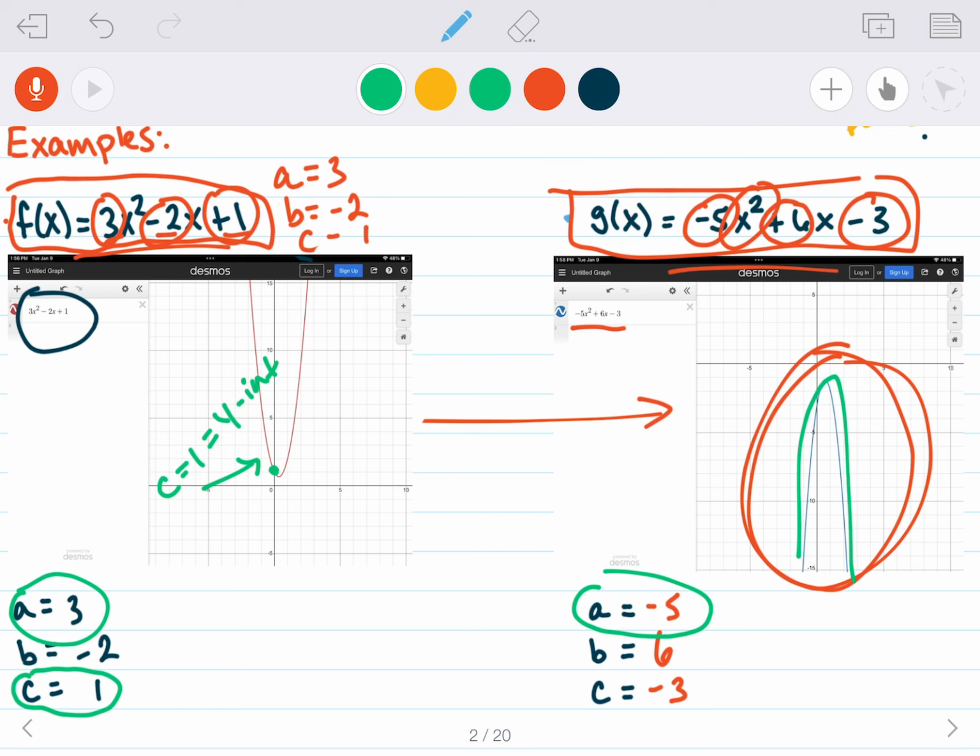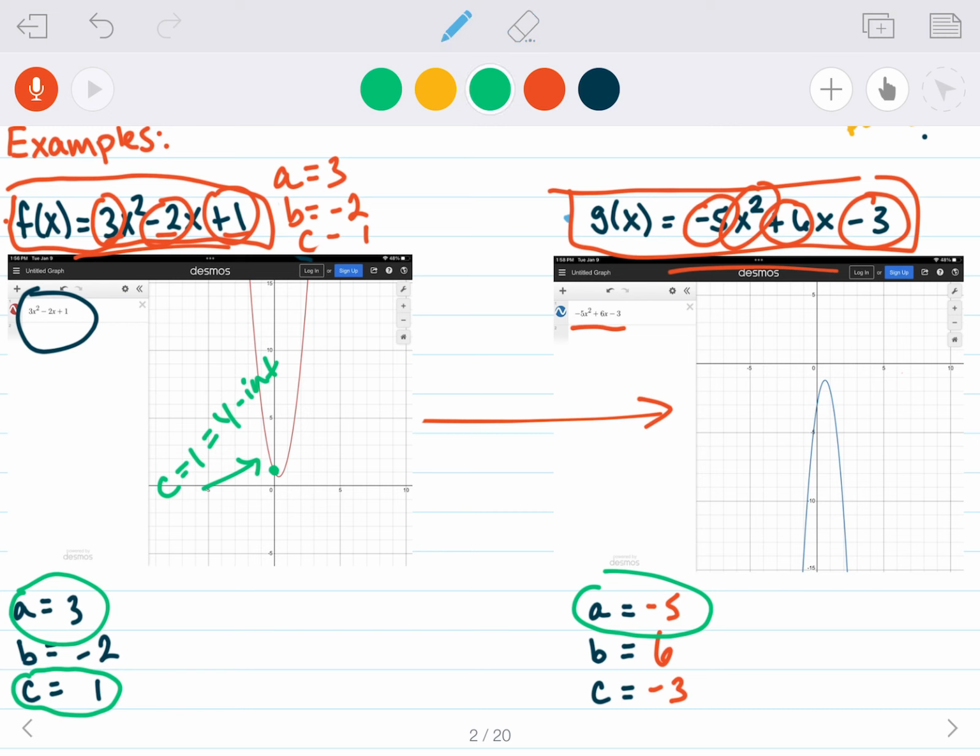That's where it crosses the y-axis at y equals 1. And in a similar way, here our y-intercept is -3, so we expect this to cross the y-axis at -3, and it does. So that's the two important things that standard form gives us.